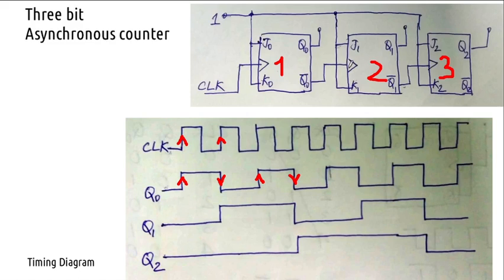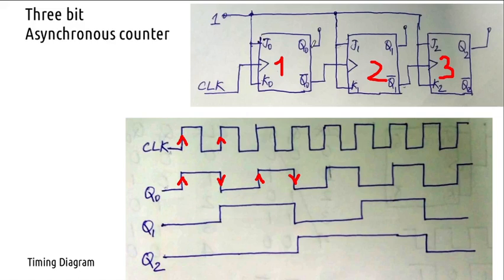So this should trigger at the positive edge of Q0 bar. Positive edge of Q0 bar corresponds to negative edge of Q0. That's a clue.